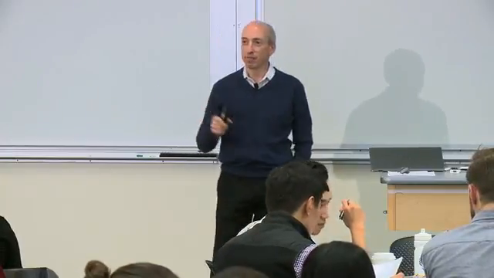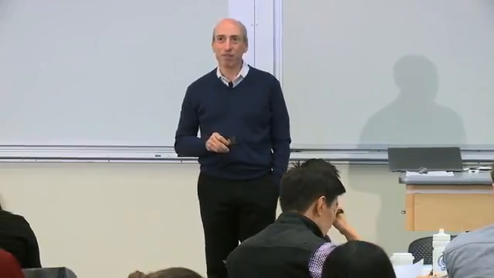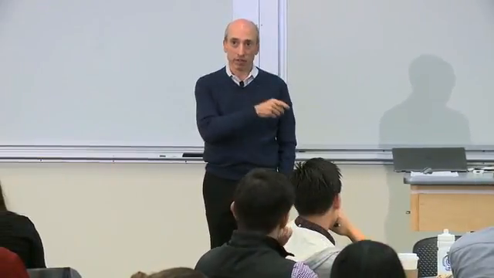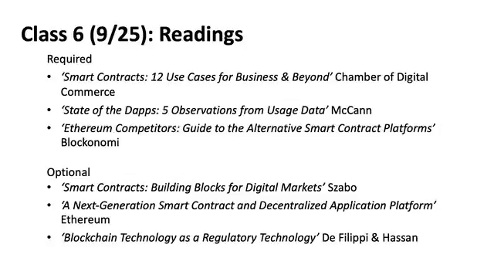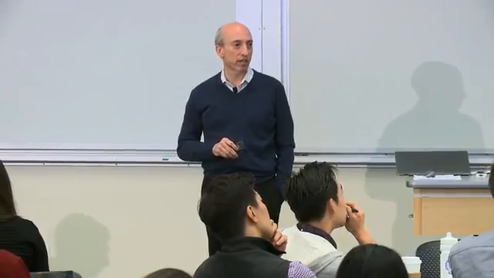So it's a remarkable thing. And then there's the paper by one of Larry's colleagues, or maybe 2 of them, Filippi, on the regulatory issues. So let me talk a little bit about smart contracts and lay a groundwork before Larry gives us the law.